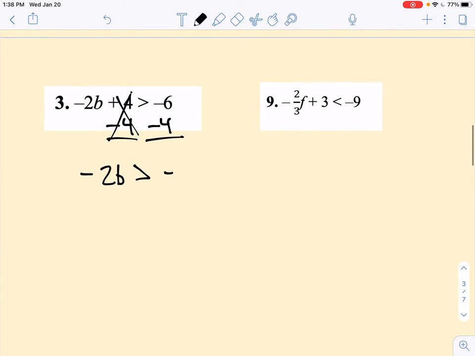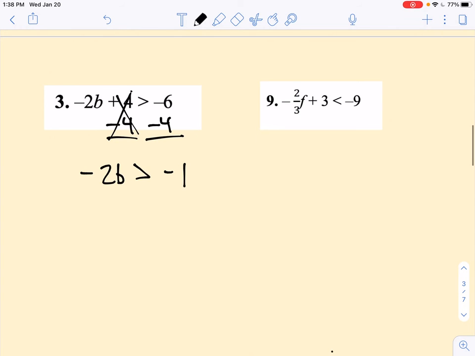Now, what I'm going to have to do is divide by whatever my coefficient is so that I can get my coefficient down to 1. So the magic number is negative 2. I'm going to have to divide by negative 2. Now, when I divide by negative 2 in an inequality, remember, you have to flip your sign the other way.